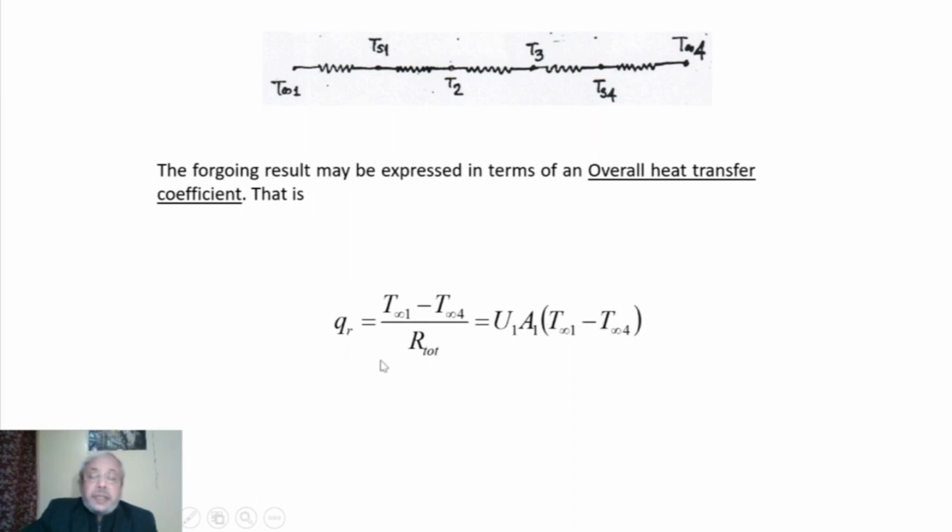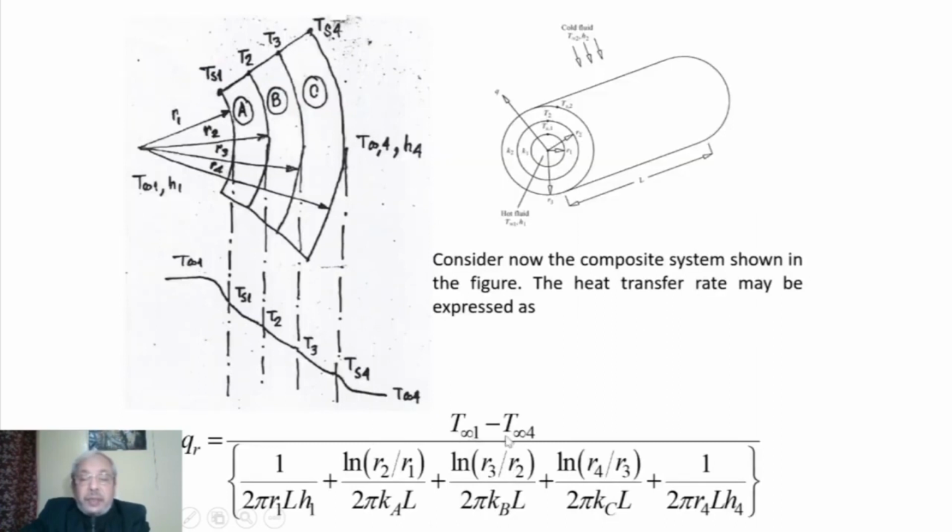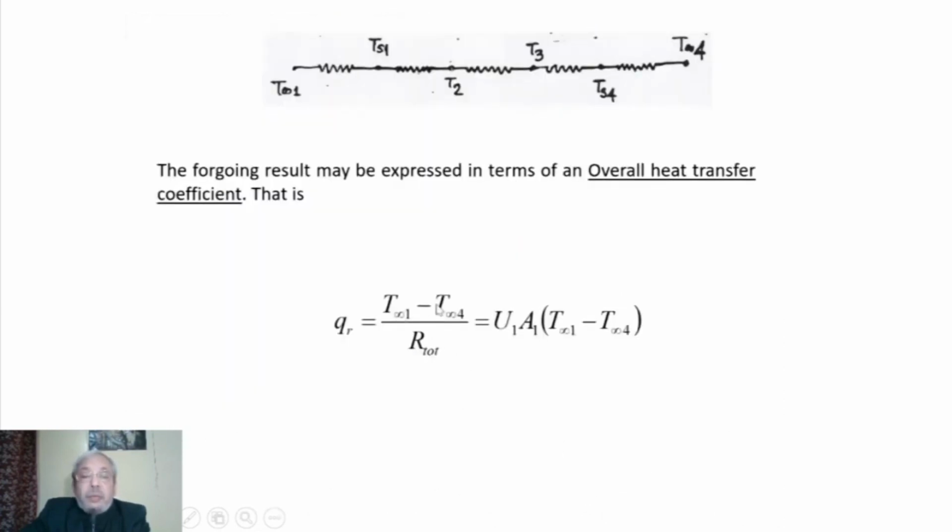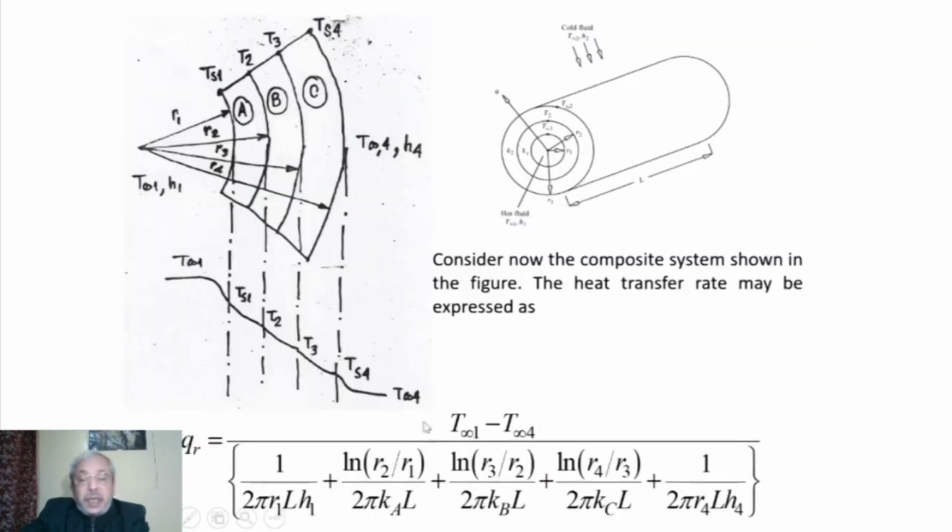So QR, as we have already seen, is (T infinity 1 minus T infinity 4) divided by the overall resistance, the total resistance.